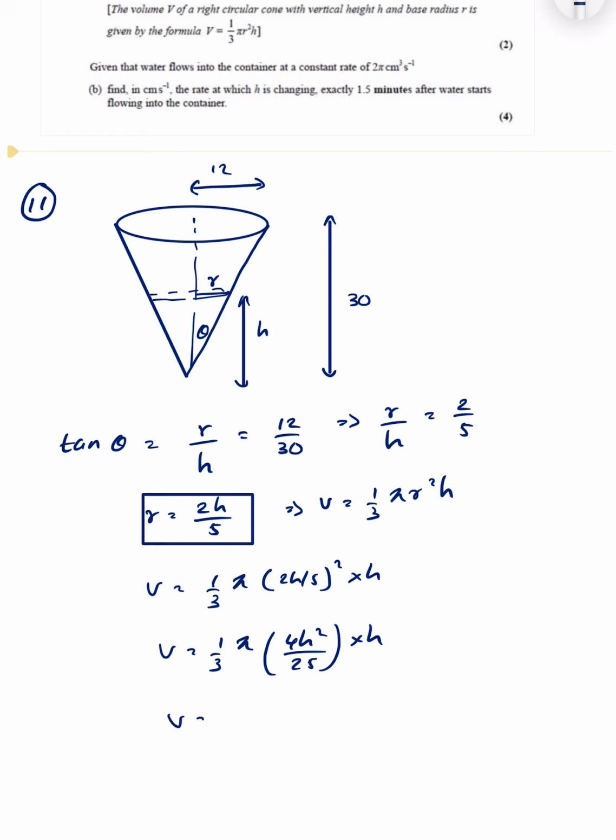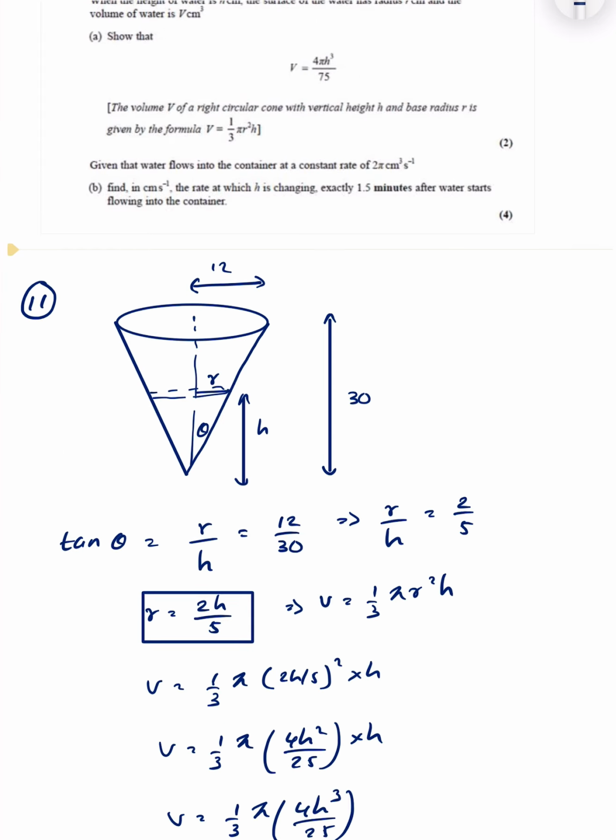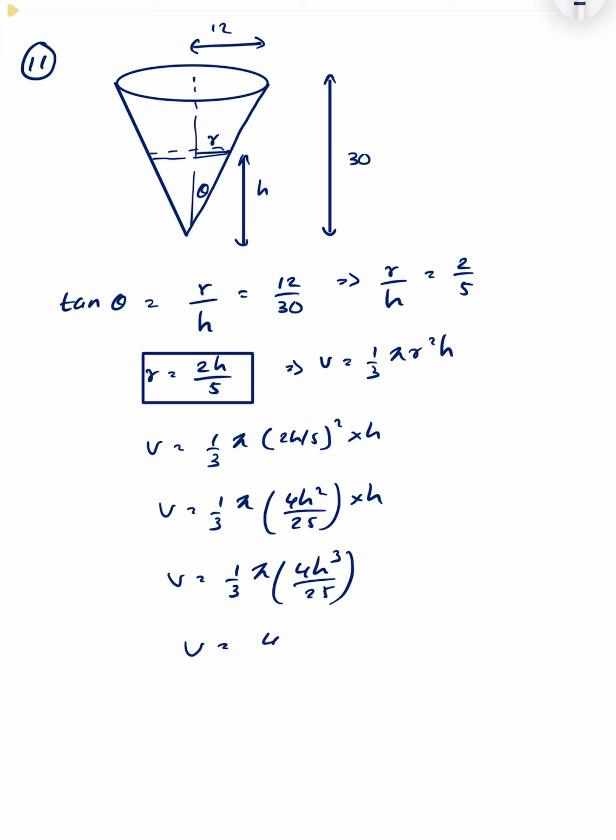So that's 1/3 pi into 4h cube over 25. So this simplifies into the form which they want, 4 pi h cube over 75. So that becomes the volume of the amount of water at time t.